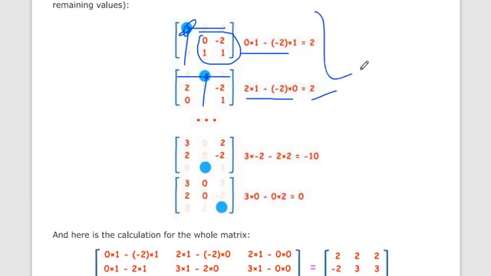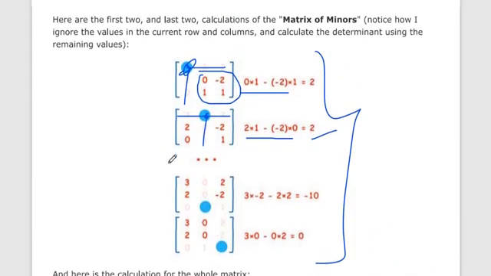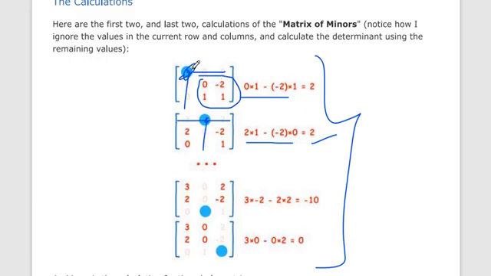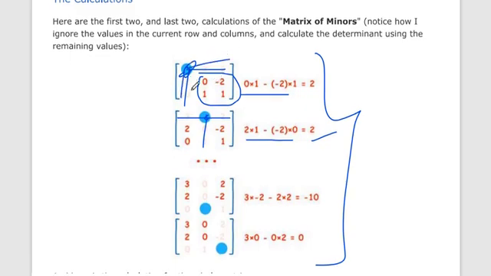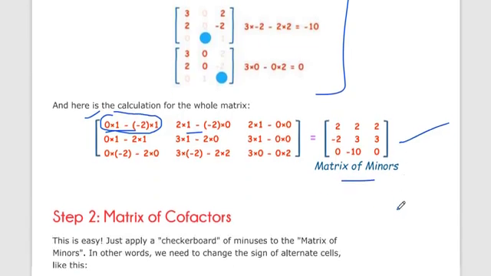So for all the values we have to find the determinant of its minor matrix. Okay, here you can see that. So this is a matrix of minors. Okay, we only have to remove its row and column and put the determinant of this 2 by 2 matrix in this value. Okay, so we have here the matrix of minors.